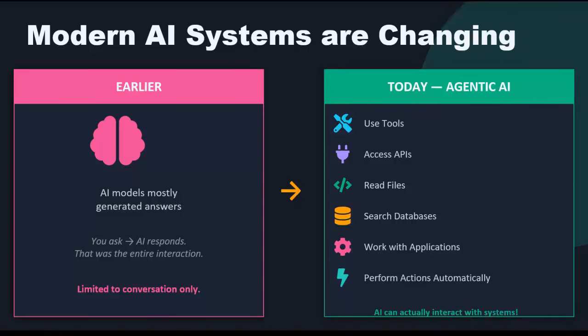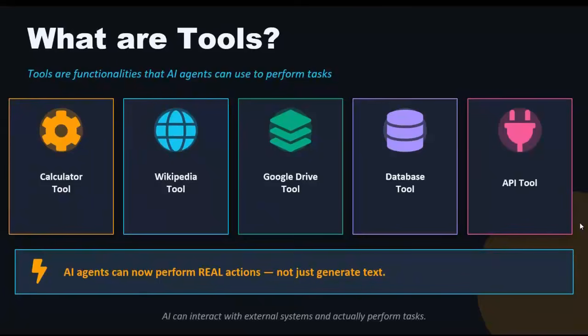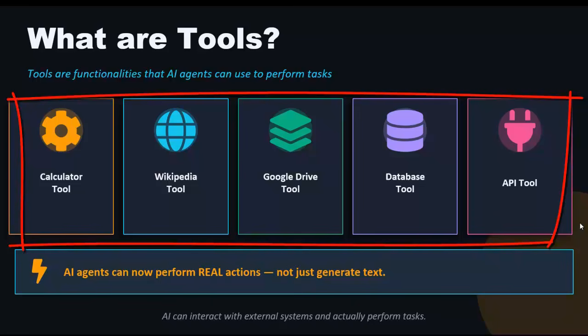Before we start discussing what is MCP, let's first understand what are tools. So tools are functionalities that AI agents can use to perform tasks. There are many such ready-made tools available. We can also create our own custom tools. So here you can see a list of already created, ready-made tools, like calculator tool, Wikipedia tool, Google Drive tool, database tool, and API tool.